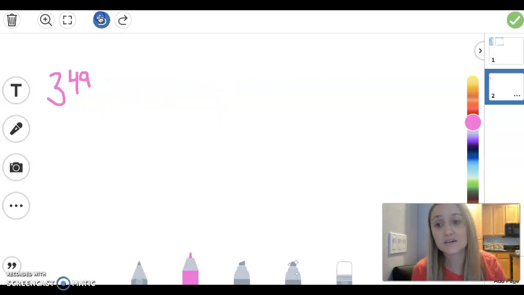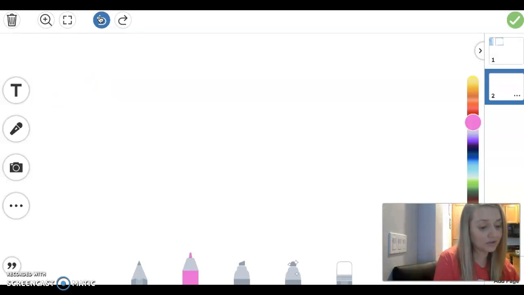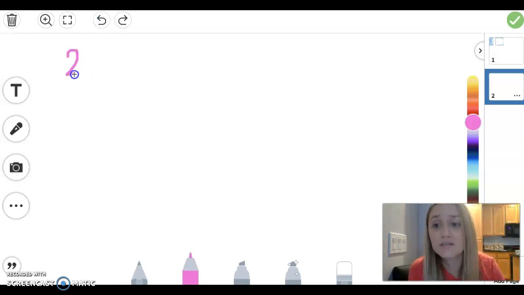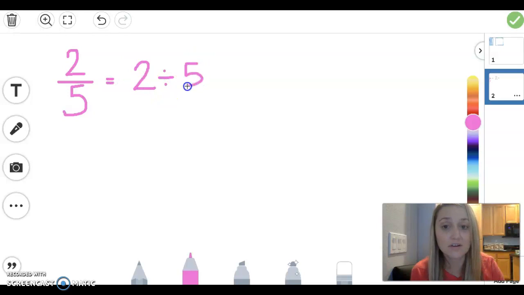The next thing I'm going to go over with you is when it gets a little more complex. So I'm going to show you a couple different things here. Remember I talked about if you have a number like this and the fraction is saying, okay, I want you to write it as a decimal. Remember we talked about this is written 2 divided by 5.